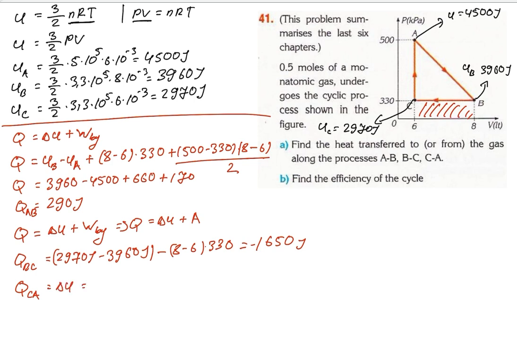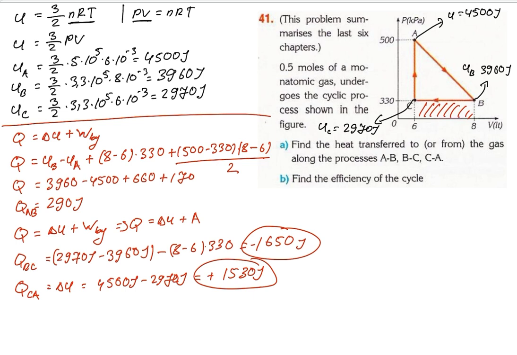So which is equal to 4,500 joules minus 2,970 joules. And let me count it. Which is equal to positive 1,530 joules. So those are the answers.